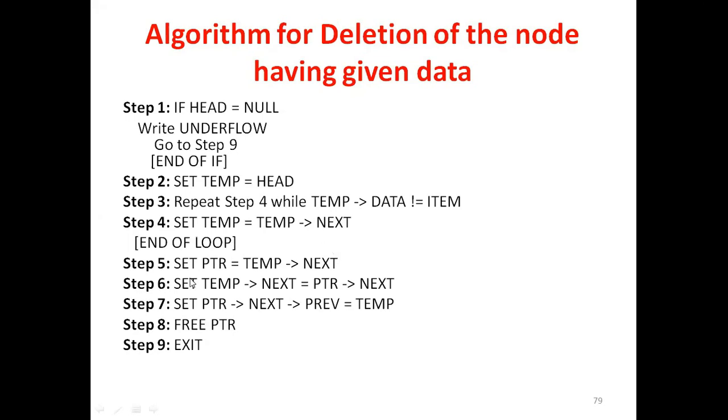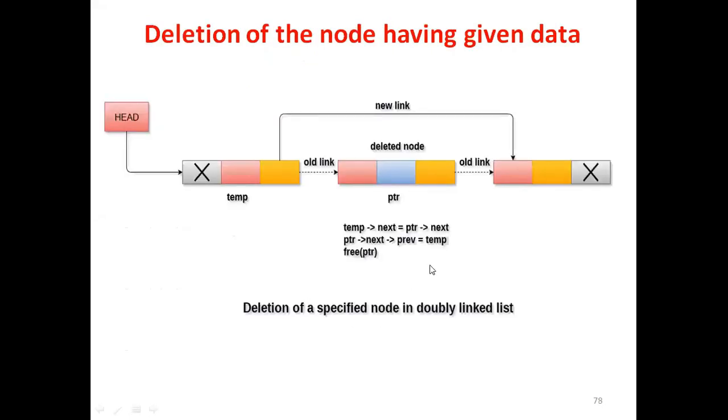Then set PTR equals temp arrow next, then set temp arrow next equals PTR next, then set PTR next arrow previous equals temp, and then free PTR. So this is what we did here. Any question?